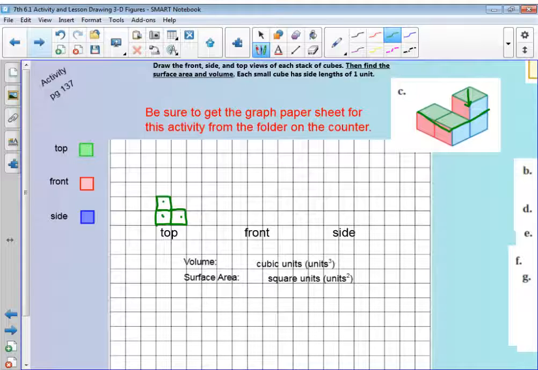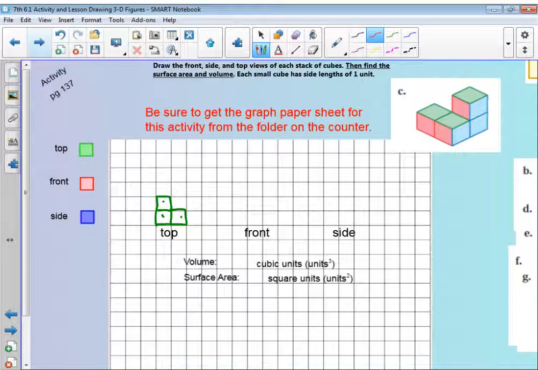From the front, if I look at it from the front, you know, your front may be different than my front. So just remember that when you go to do these independently, you may have your front and your side switched around. It's okay as long as you have each of the 3 figures listed. So I chose from the front to be this pink side because I just said that the pink was the front.